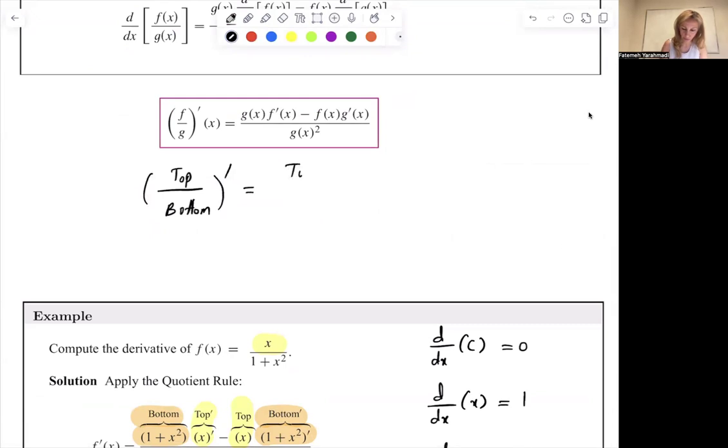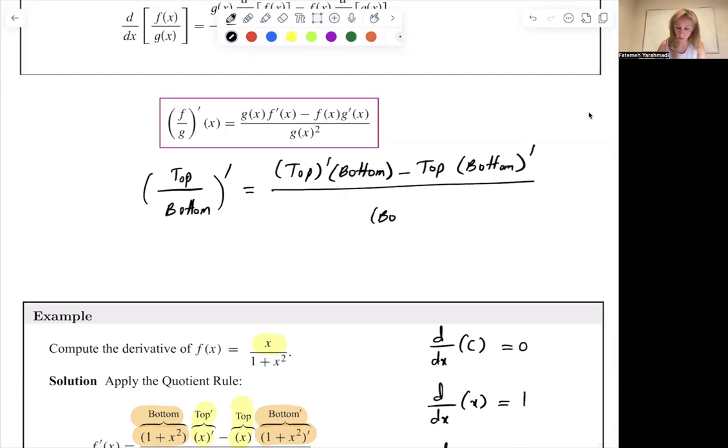Derivative is going to be the derivative of the top, whatever your function is, multiplied by the bottom, minus the top portion multiplied by the derivative of your denominator. Divided by, you just copy down the denominator and raise it to power 2. If it makes it easier for you to remember this formula.